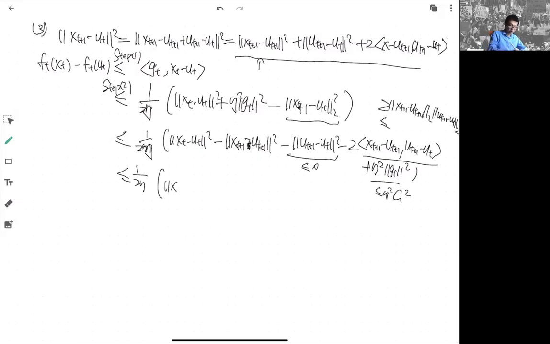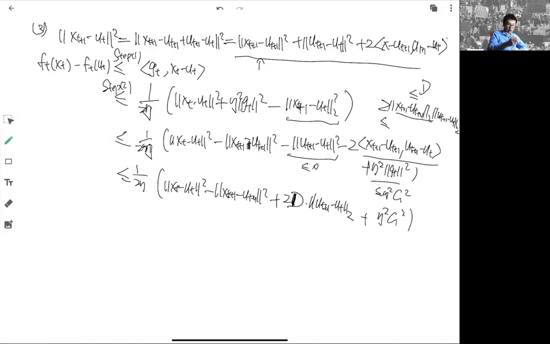So what we will end up having is something that's slightly simplified. Well, further we can bound this with the diameter, from the definition of diameter. So 2 diameter times the norm of u_{t+1} minus u_t, plus eta squared g squared.